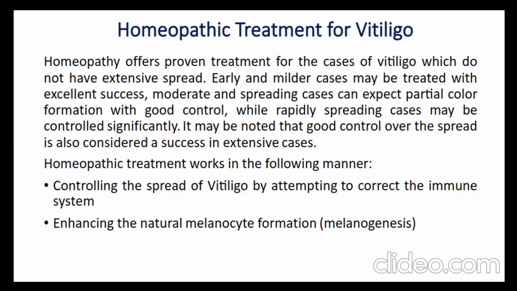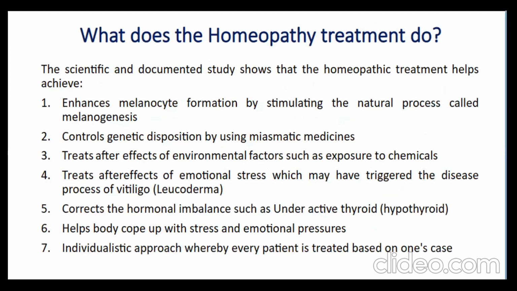The homeopathic treatment works in the following manner: controlling the spread of vitiligo by attempting to correct the immune system, enhancing the natural melanocyte formation, that is melanogenesis. So what does homeopathy treatment do?